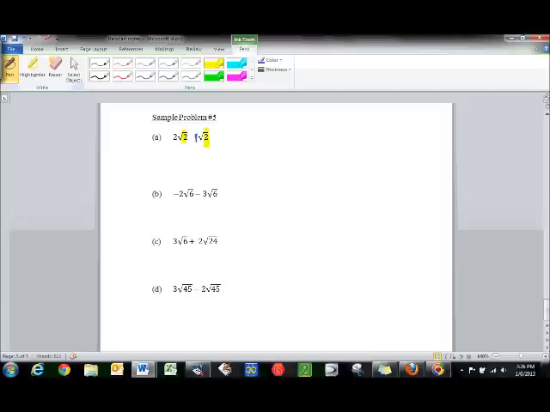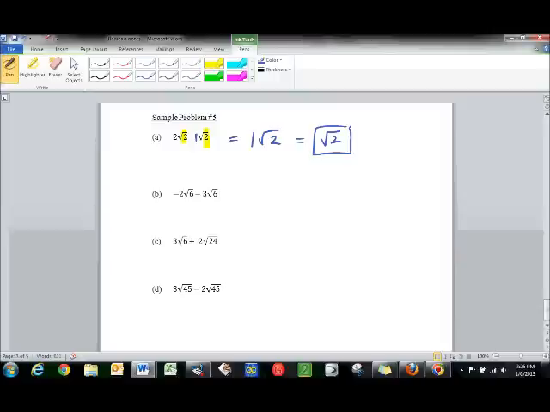And so I'm simply subtracting 1, which is going to give me 2 minus 1, which is going to give me 1 times the square root of 2. And again, since the 1 is understood, I can simply say square root of 2.